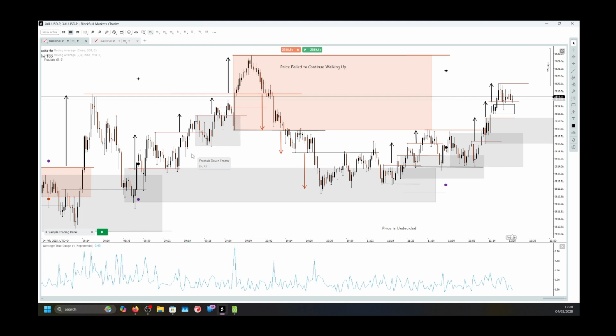But like I said, I find it a lot easier to trade an efficient price rather than when it's trending aggressively.